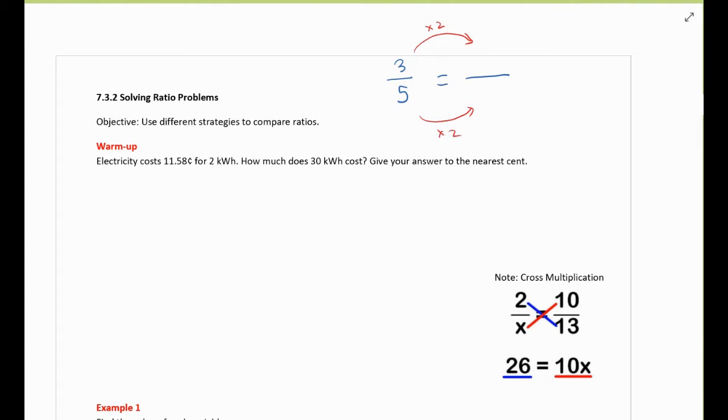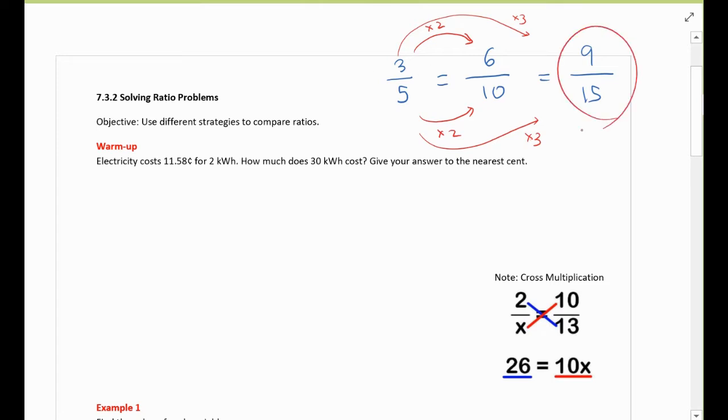Then what do we get? 6/10. Right? And we can find more. If you multiply by 3, then you get 9/15. So we can just keep multiplying the same number, both top and bottom, to get an equivalent fraction, right?